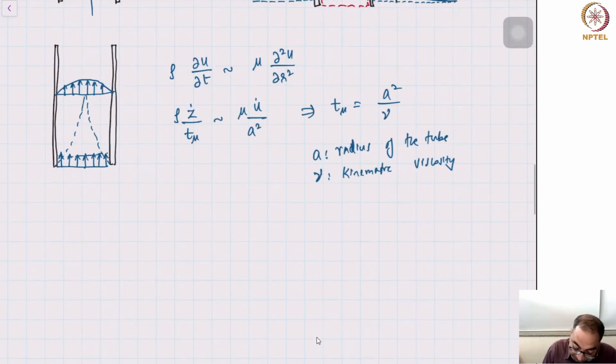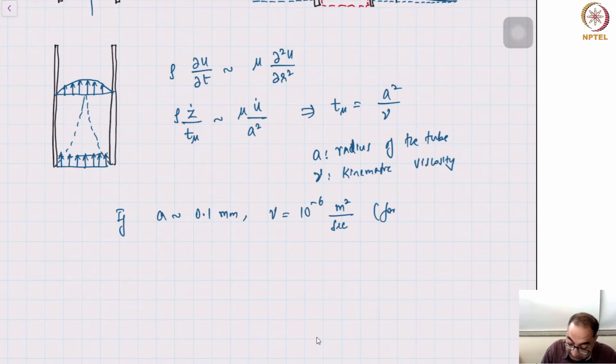So for example, you can take a typical number. If a is 0.1 mm, and you use water as the fluid, then the kinematic viscosity for water would be 10 to the power minus 6 meter squared per second. This is for water. Then the estimate for T mu would be something like 0.01 seconds.